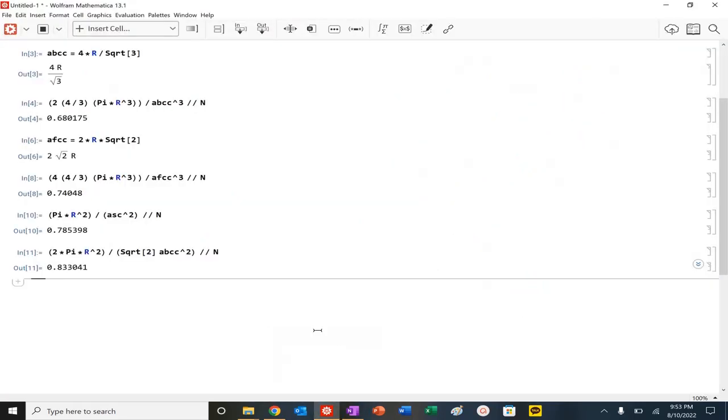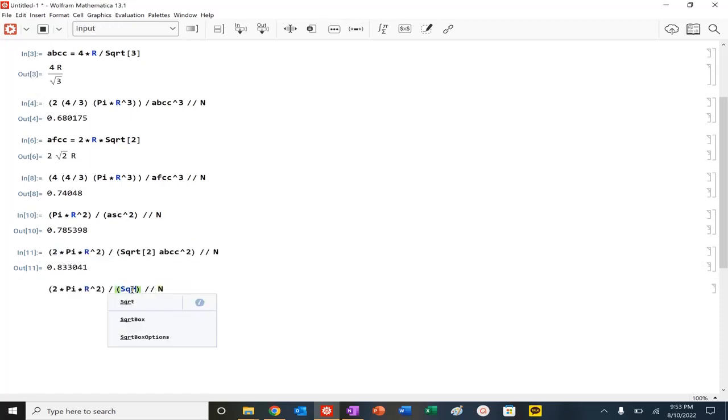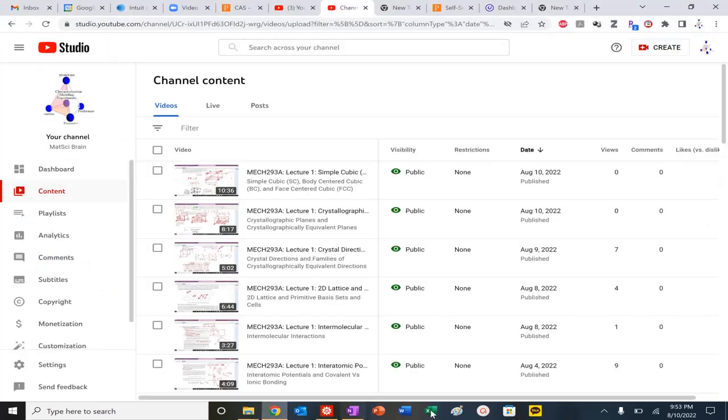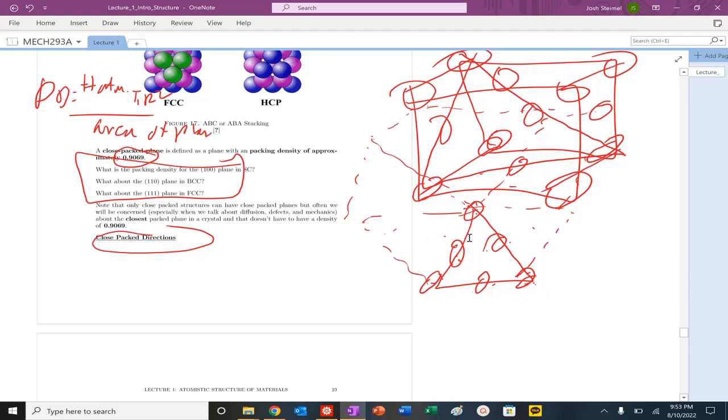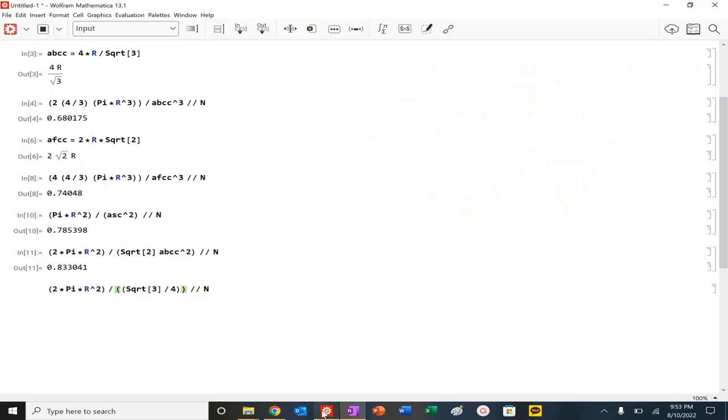And then the area. I've got 2 atoms, and the area of an equilateral triangle is square root of 3 over 4 times that equilateral distance squared, and that equilateral distance here is going to be A root 2, A FCC times square root 2 squared.